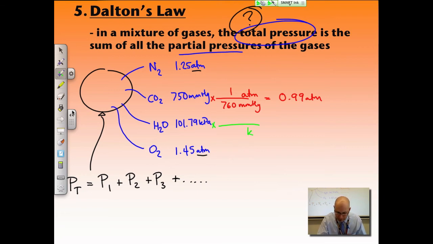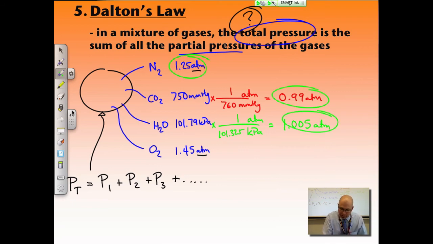I think so. kPa to atmospheres, 101.325. So 101.79 divided by 101.325, I get 1.005 atm.